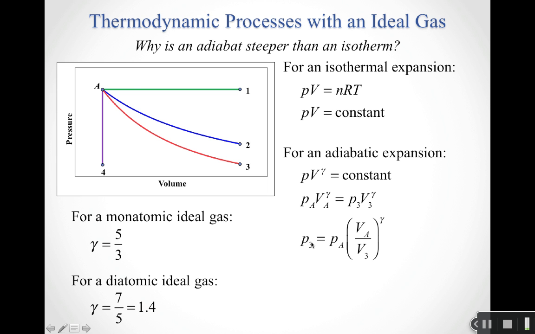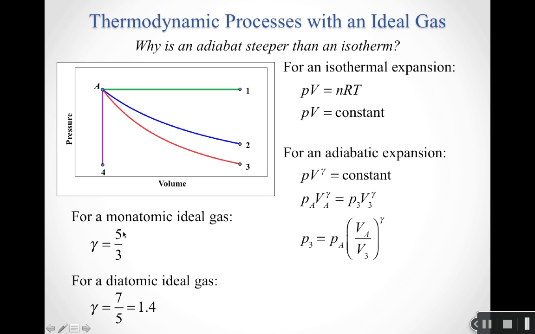And this ratio is clearly less than 1 because I have expanded in moving to point 3. So my ratio here is less than 1, and then I'm going to take it to a power that is greater than 1, which means this will be even smaller.